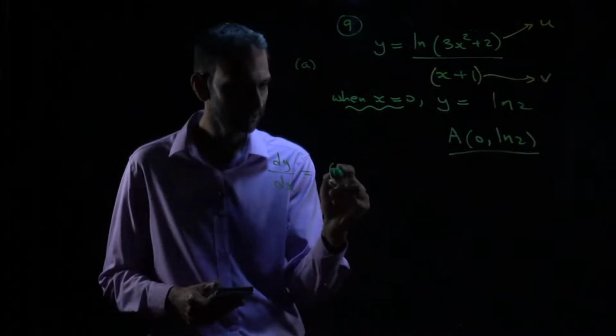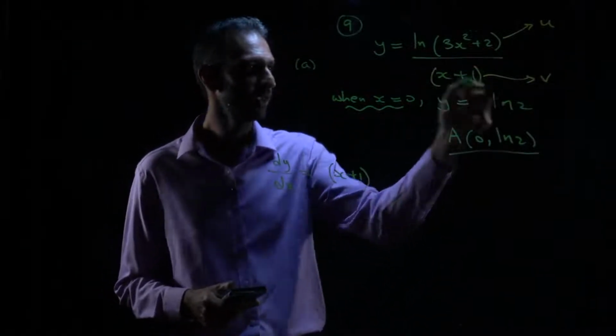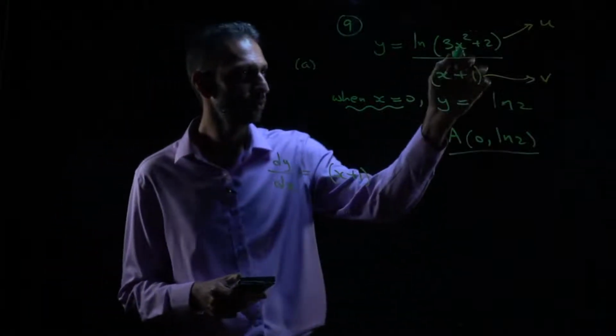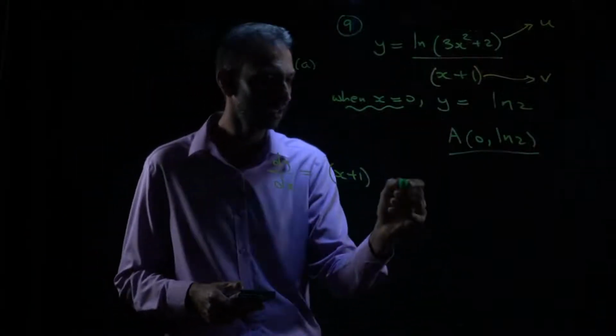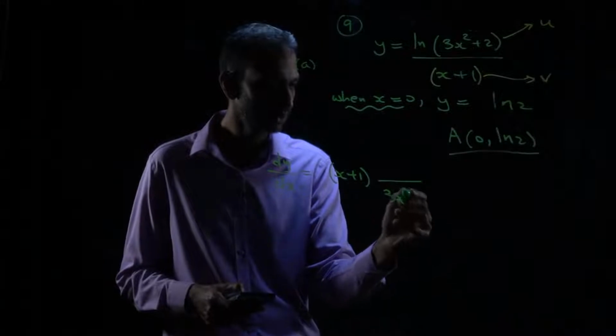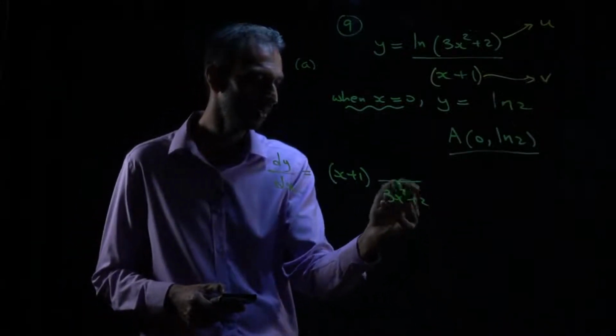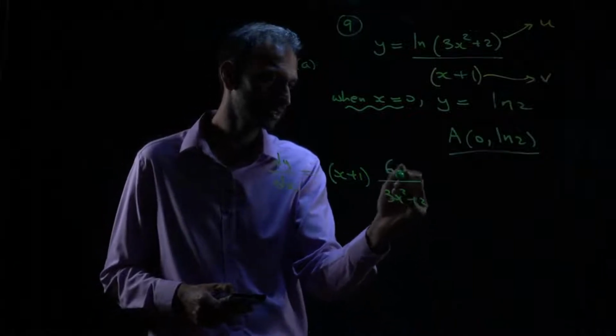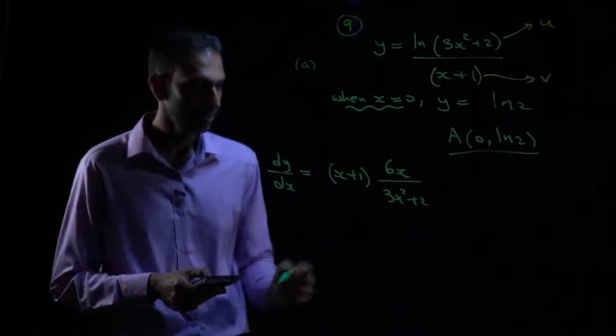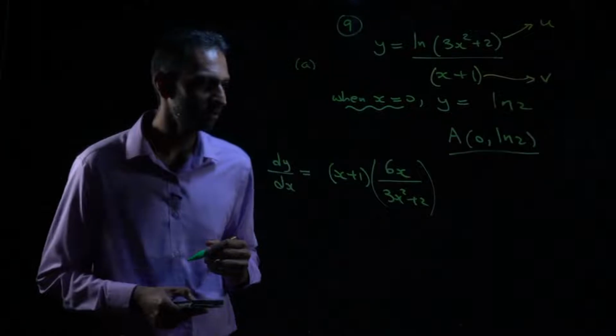You differentiate ln, you will have 3x squared plus 2 in the denominator. Differentiate the inside, the differentiation of 3x squared is 6x. So we have 6x divided by 3x squared plus 2.